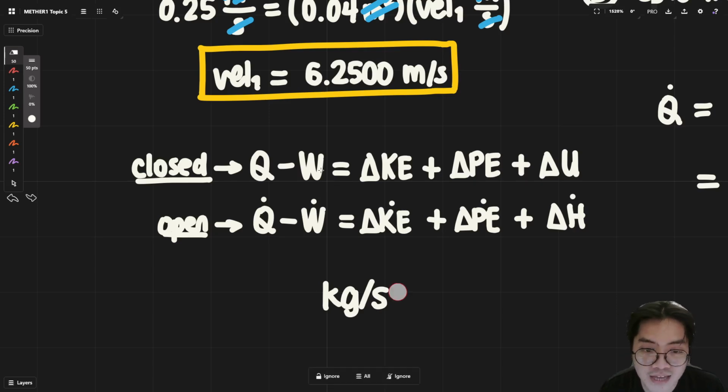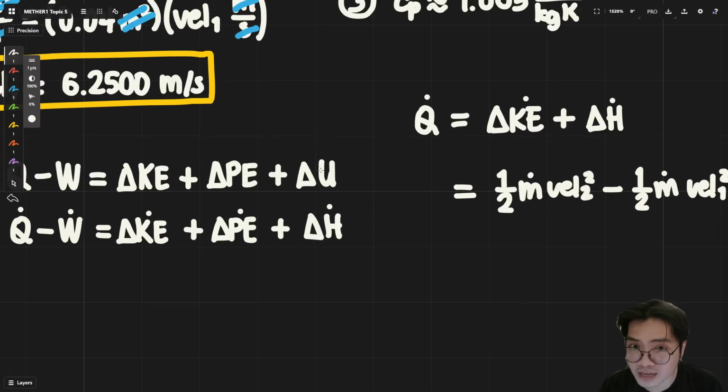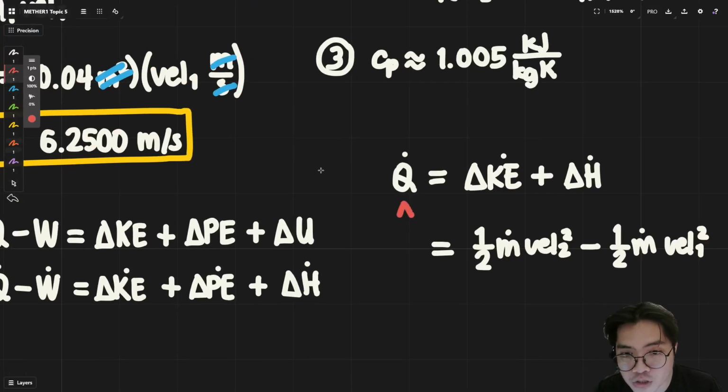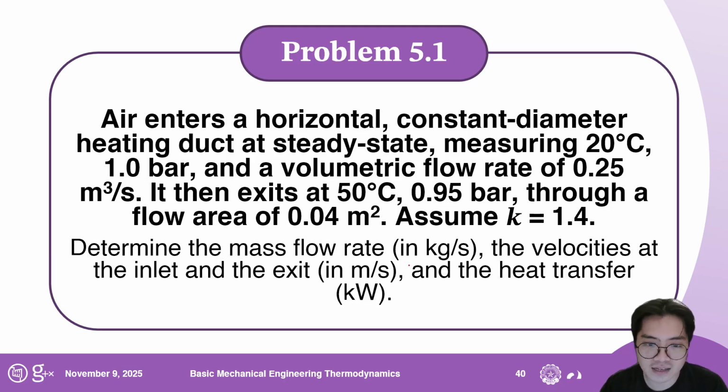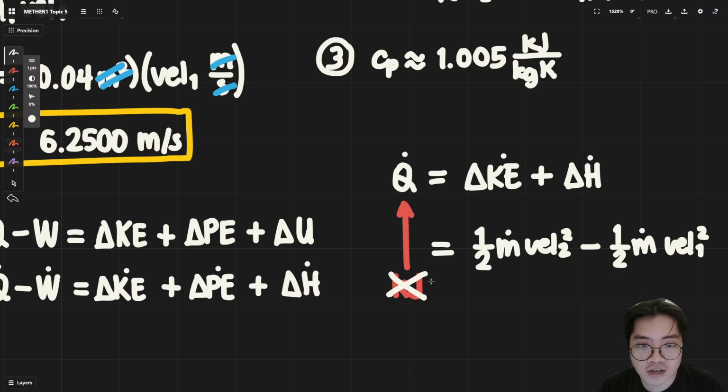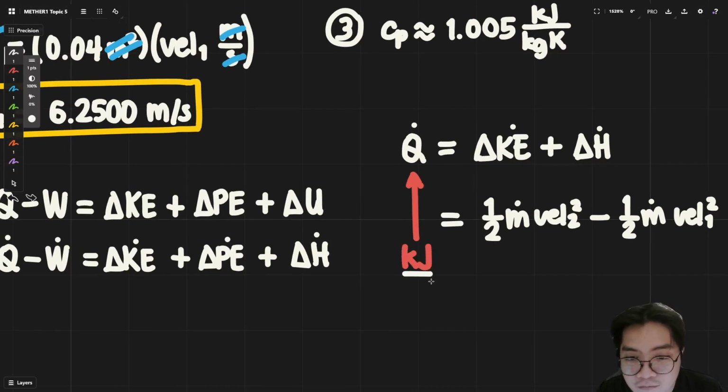So that's actually a good sign. And that means your Q is no longer in kilojoule. If we look back, it's actually in kilowatt because you are now looking at a rate of change. So it's kilojoules per second, which is kilowatts. Okay, so that's just something that I want to share.